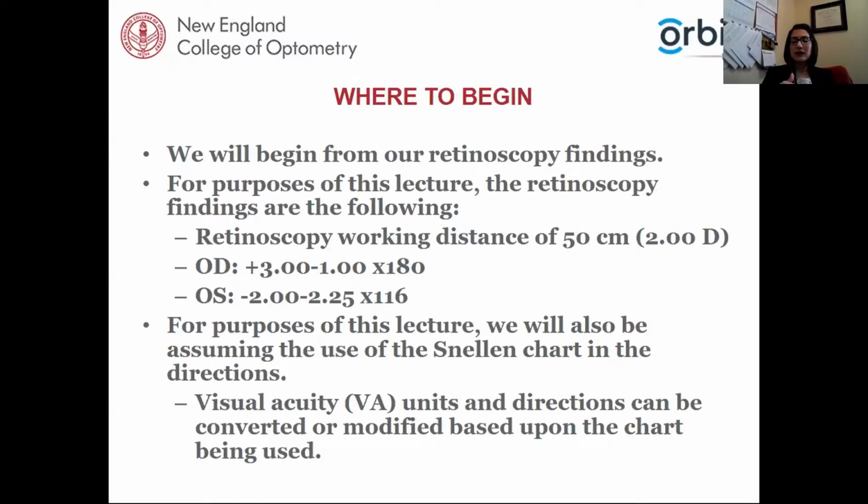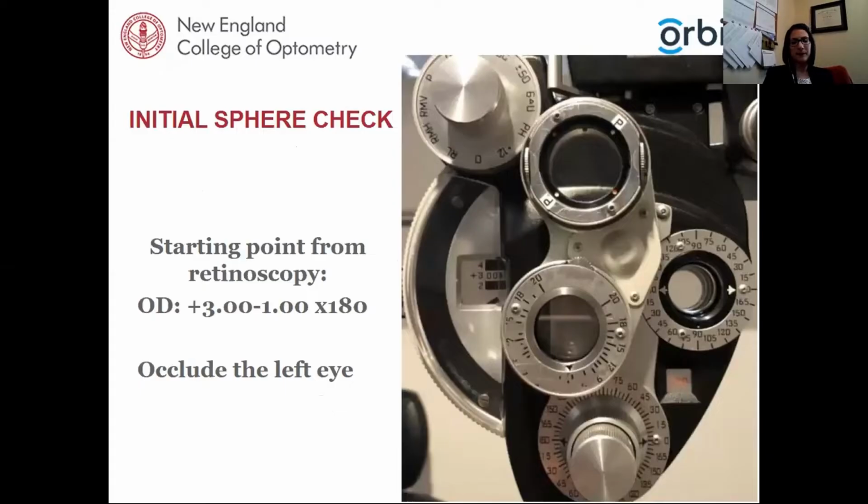And these can be adapted. The directions as I go through this can be adapted for how you record units for visual acuity and whatever chart that you use. So even though this will be in the context of Snellen charts with the 20-foot acuity, you can adapt this to your needs very easily.